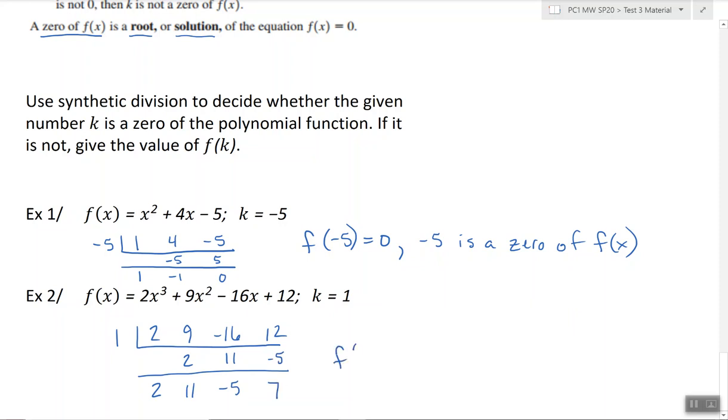Here, f of 1 is 7, so you can further state 7 is not a 0 of f of x, just to be certain, to show that you have done that and you understand it.